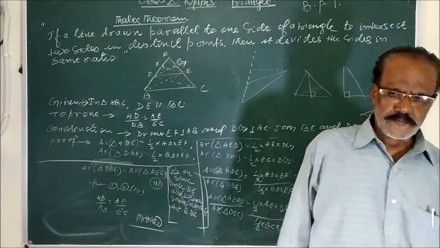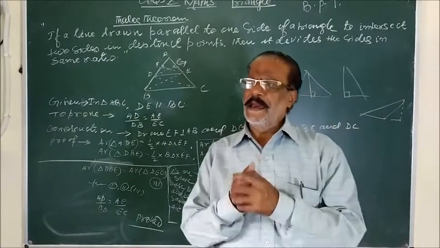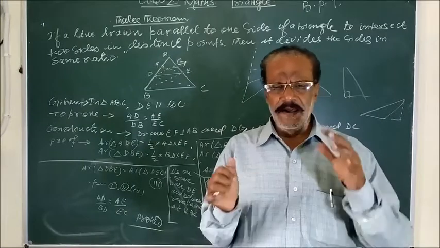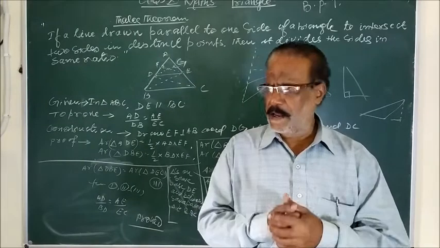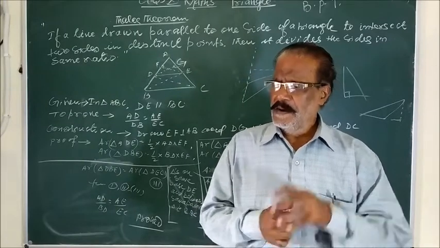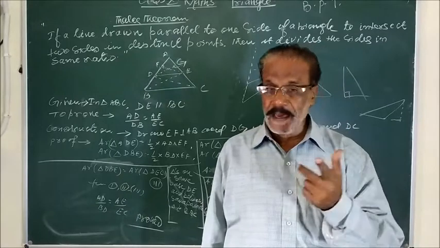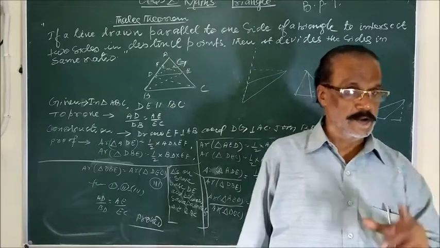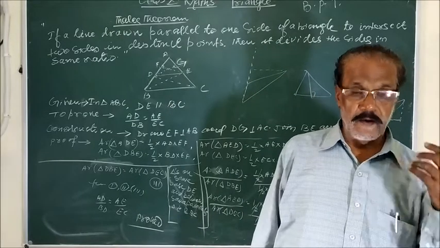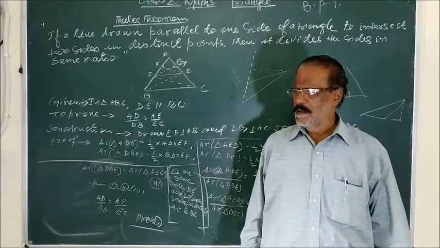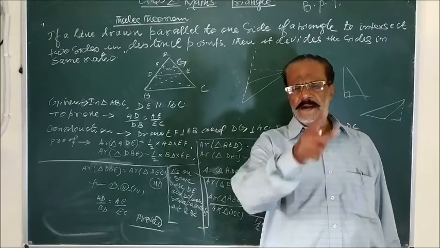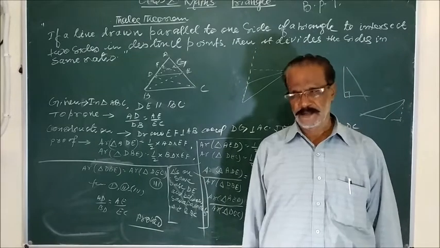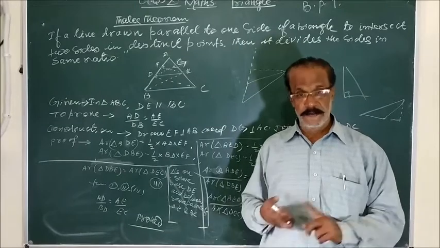So, in the similarity of triangles, the conditions of similarity of triangles: I said just now that if two polygons have the same number of sides, if their corresponding angles are equal, and if their corresponding sides are proportional, they are similar.